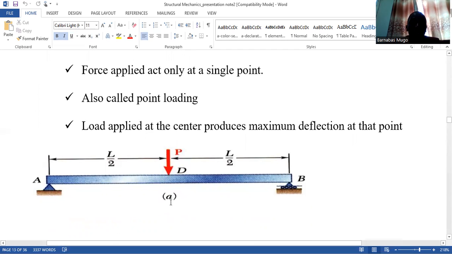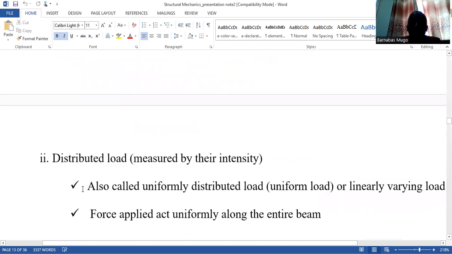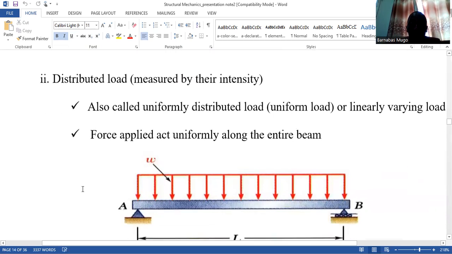Therefore, I have the simply supported beam AB, and there is a force P acting at the center D of that beam. Then we have L/2 on the left and the right, meaning that the force is at the center. This kind of loading is called a point load or a single load.